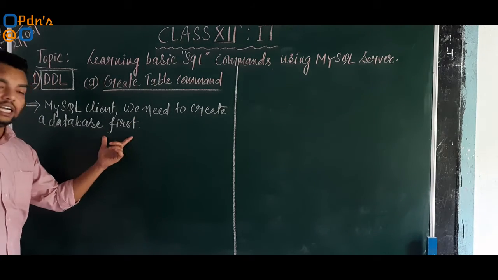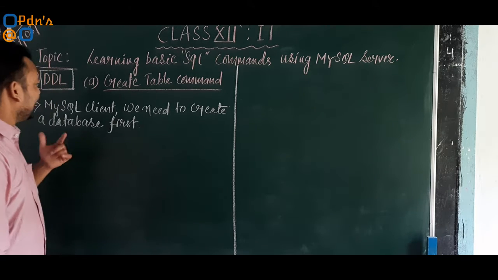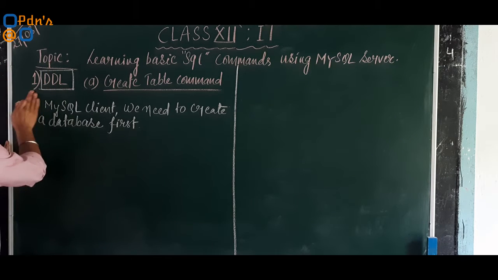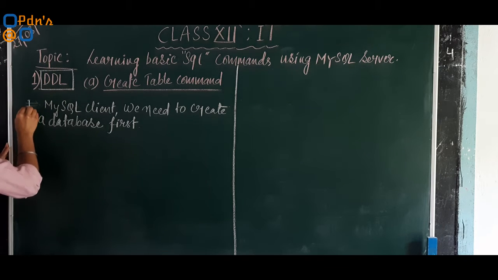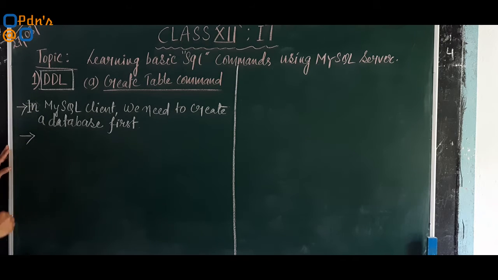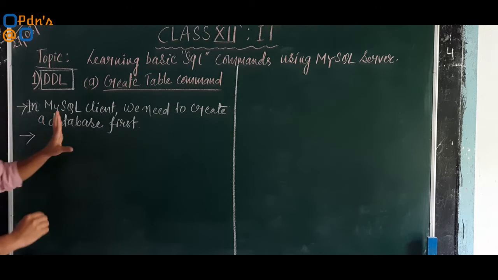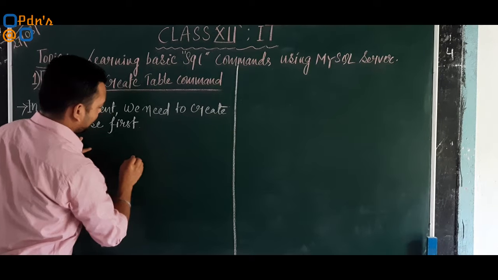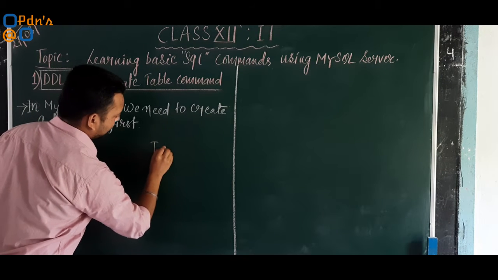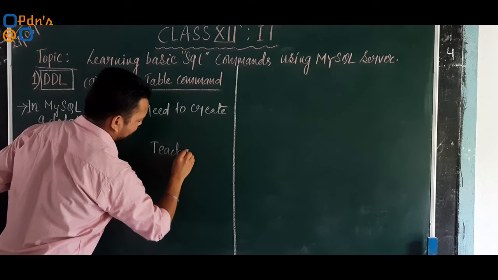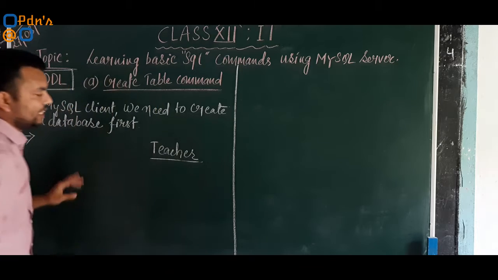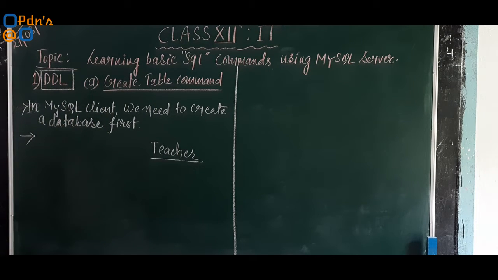So what is the command in order to create a database in our MySQL client? Let us see the first command, create database. Suppose I would like to insert a relation with the name teacher.